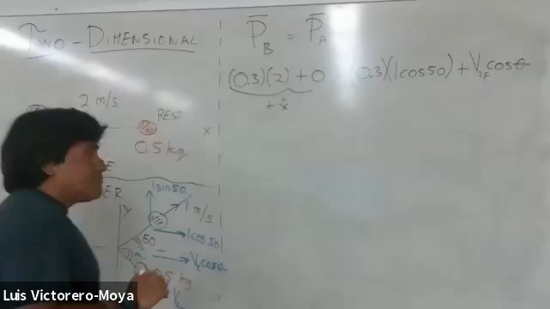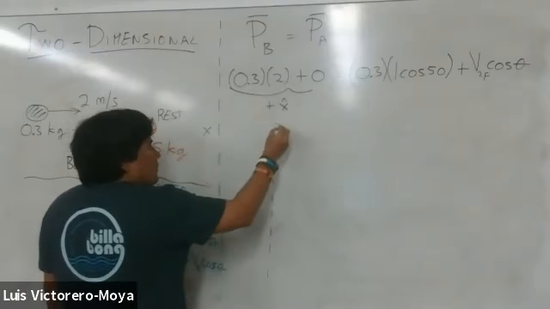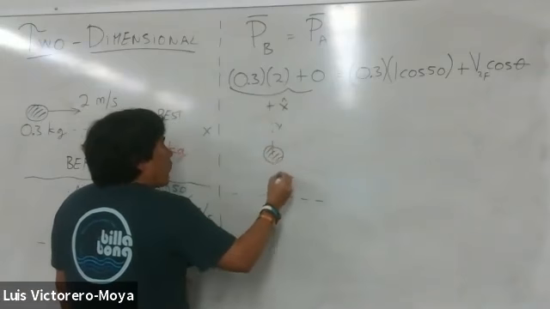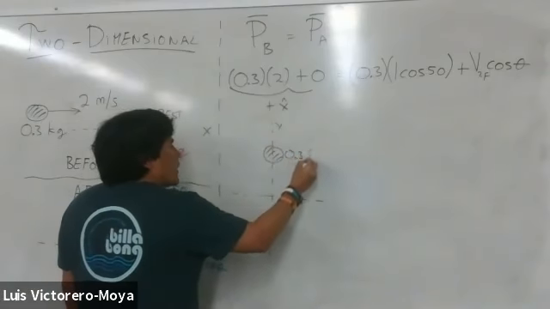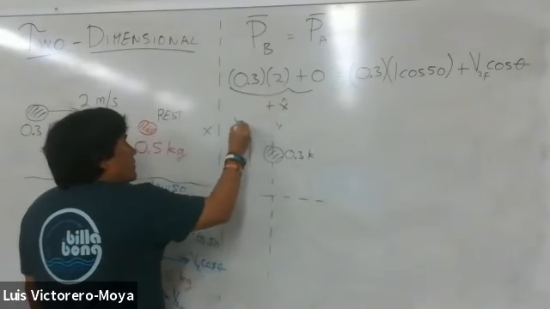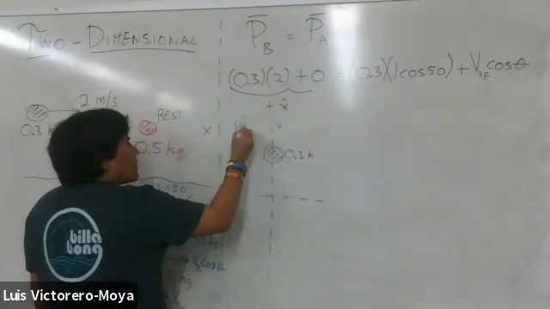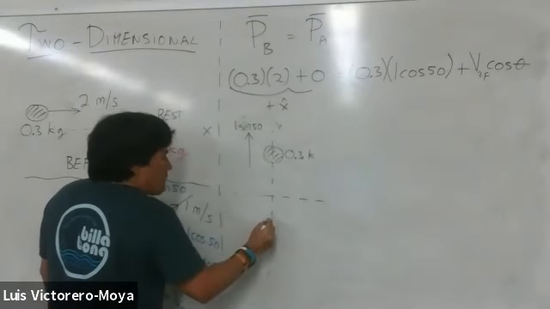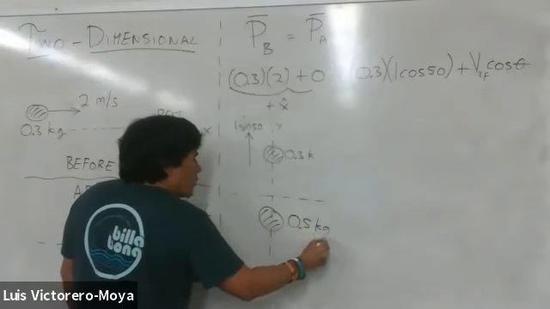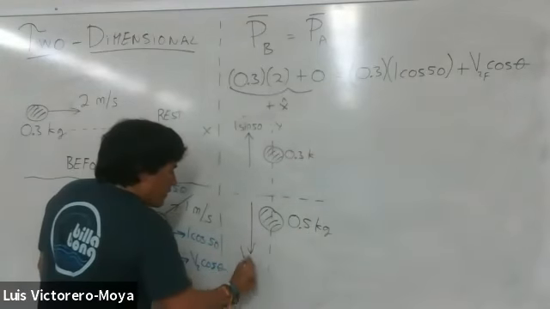But what about y? I'm going to make a graph so you can see it here. On y, you have a mass of 0.3 kilograms going up with Vy, but that Vy is 1 sine 50. And you have a mass of 0.5 kilograms, which is going down with V2 sine theta.